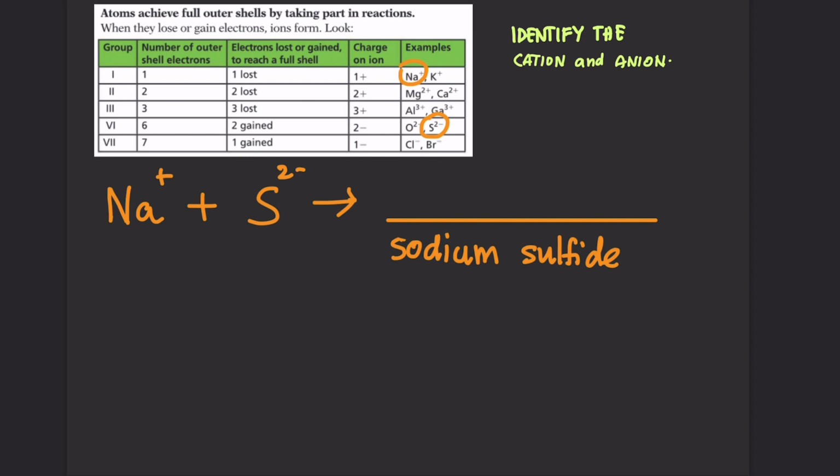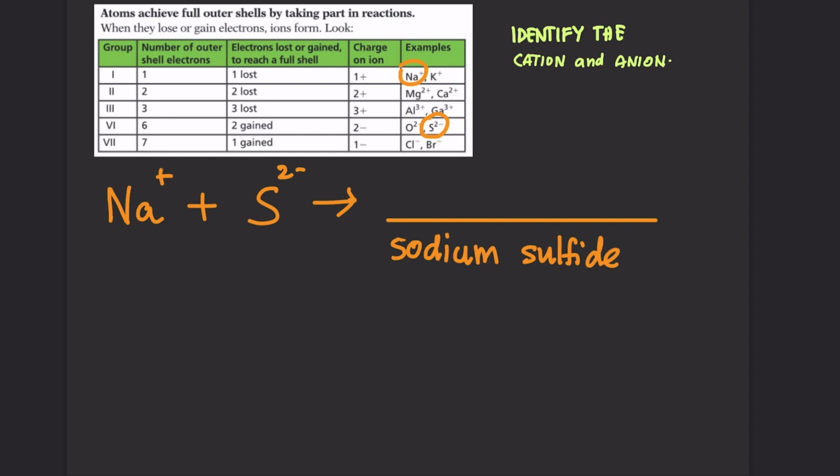So what does that mean? How many sulfur atoms will bond with the sodium atom? Sulfur needs to get 2 electrons, but sodium can only give out 1. It just wants to get rid of 1. So what does that mean?